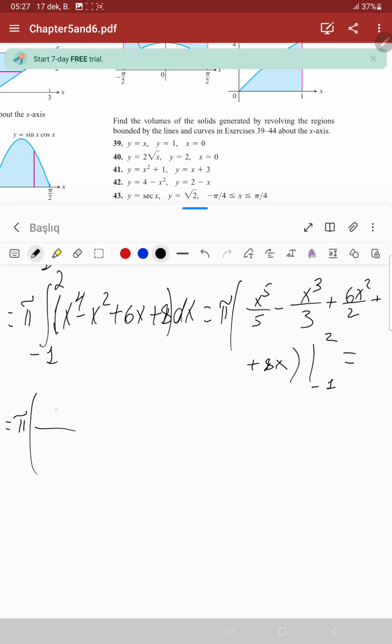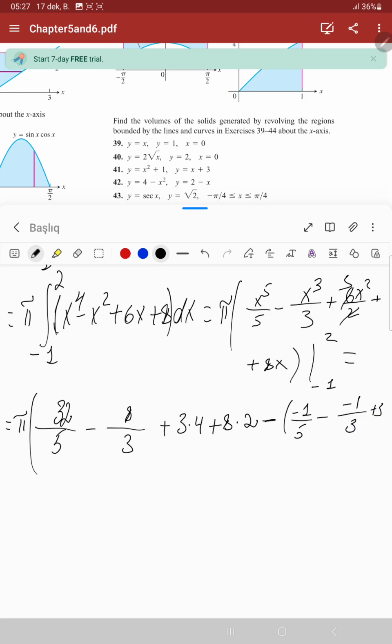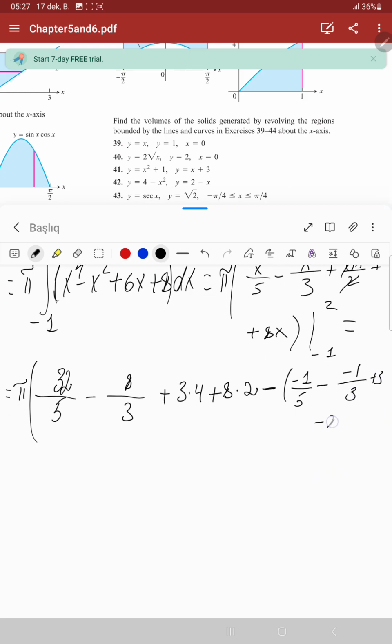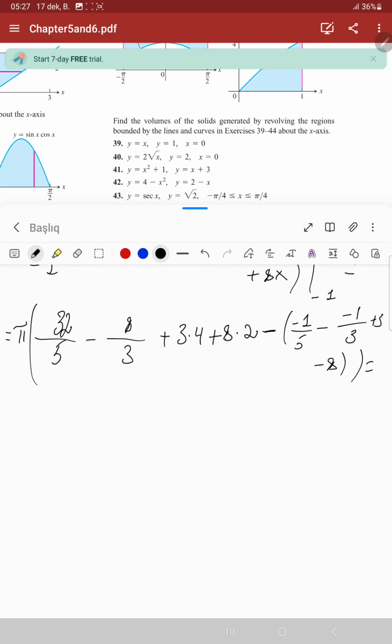Two to the power of 5, 32 over 5 minus 8 over 3 plus 3 times 4 plus 8 times 6, minus 1 to the power of 5 is minus 1 over 5 minus 1 over 3 plus 3 minus 8.